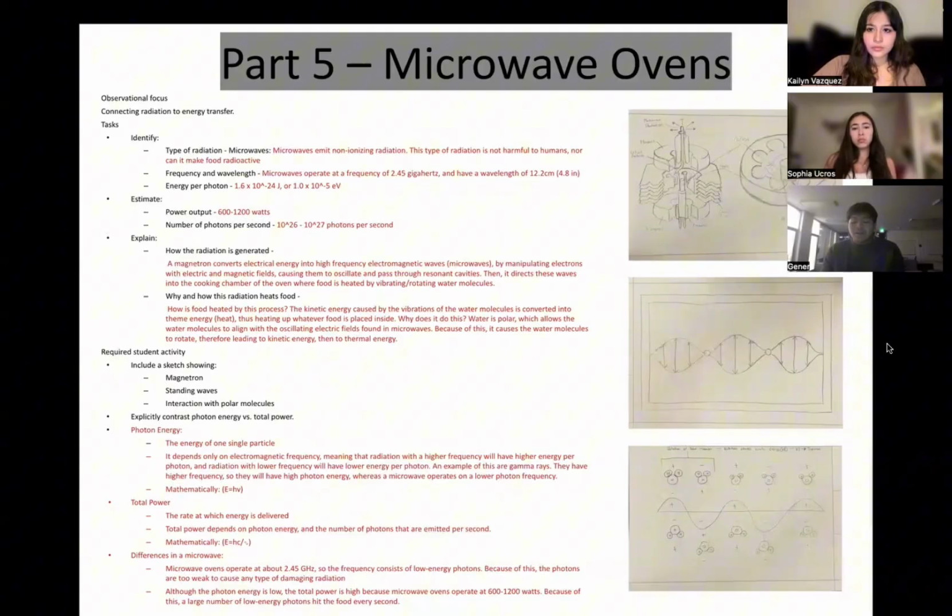Power depends on both the energy per photon and the number of photons emitted per second. Microwave ovens typically operate between 600 and 1200 watts, meaning an enormous number, around 10 to the 26th to 10 to the 27th power, of photons per second are delivered to the food. Even though each photon is low energy, the large number of photons results in significant energy transfer and effective heating.